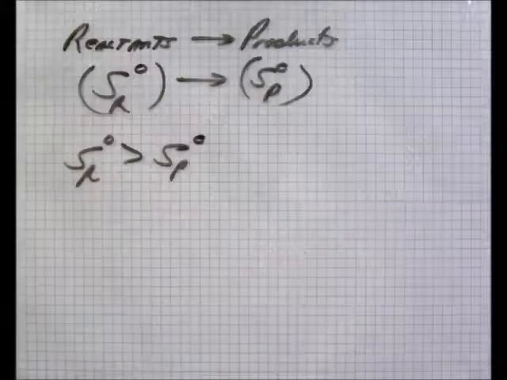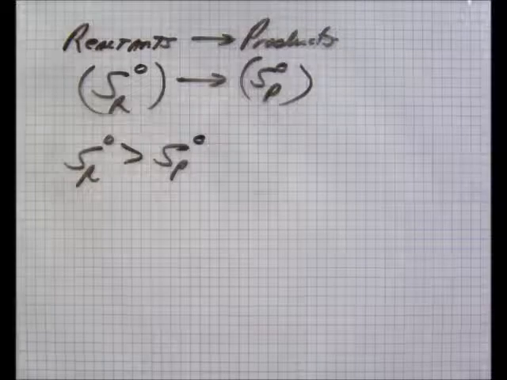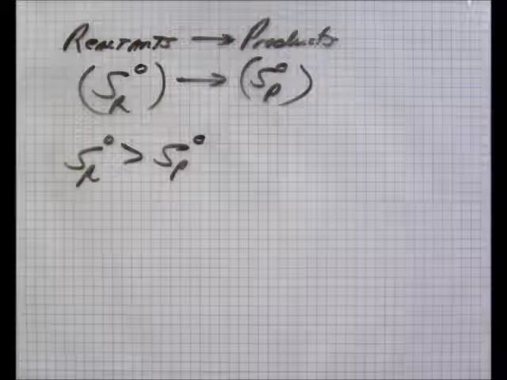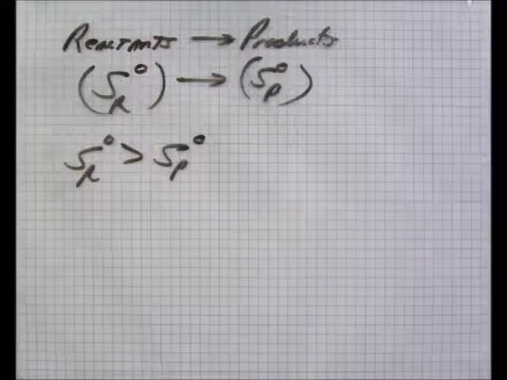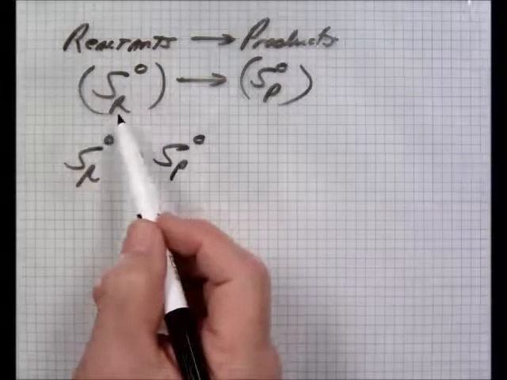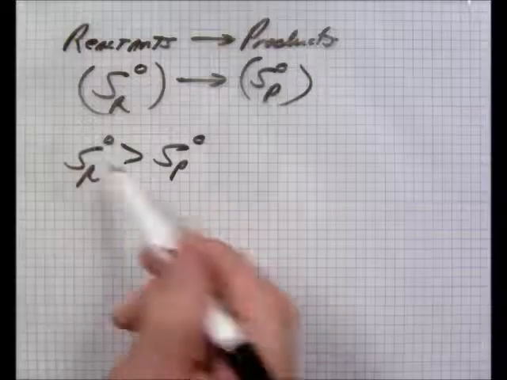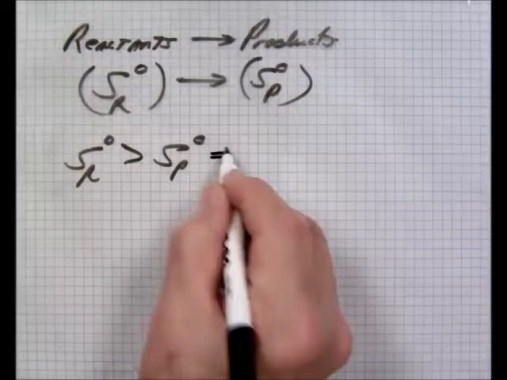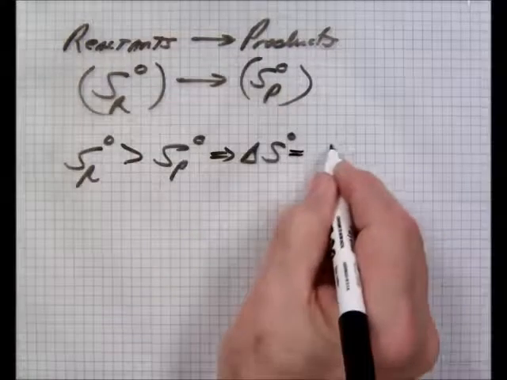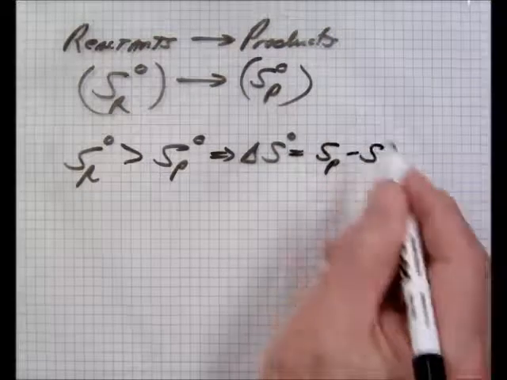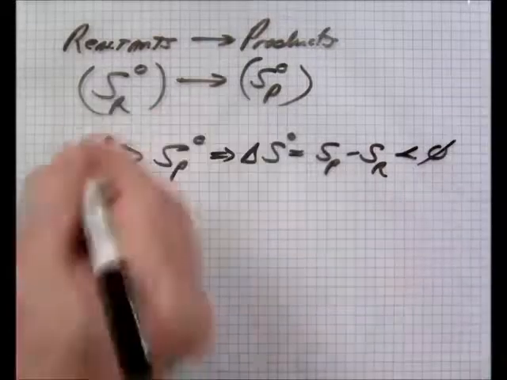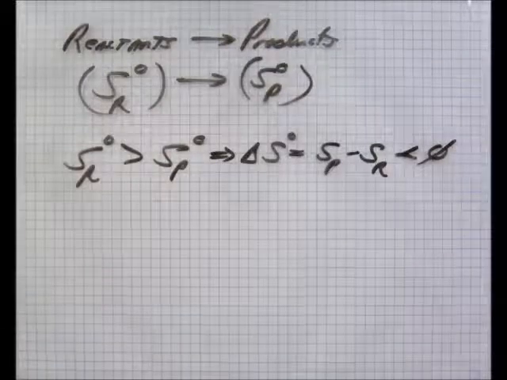Or in this example, let's just take our positional entropies of the reactants and positional entropies of the products, which are numbers that deal with each one, products and reactants. And assuming that the reactant entropy is greater than the product entropy, then the delta S, or the change in entropy, would be the S of the products minus the S of the reactants, and this would be negative when you work out the numbers and put in the numbers.